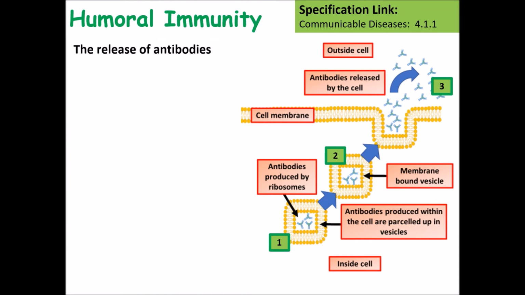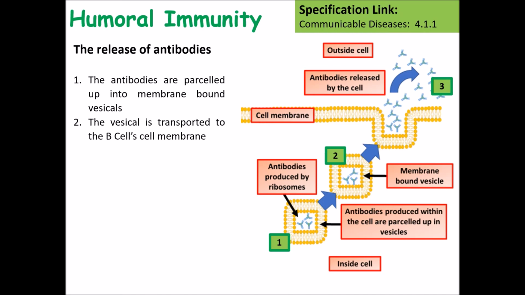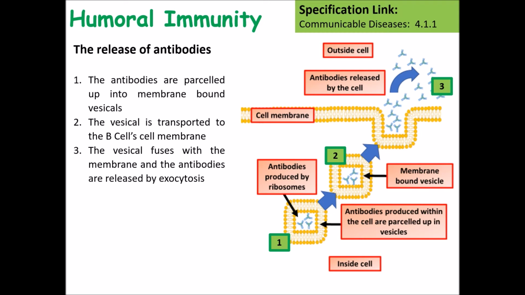If we look at the release of antibodies, the antibodies are now parcelled up into vesicles. The vesicle is transported to the surface of the B cell. The vesicle will fuse with the outer membrane and release the antibodies by the process of exocytosis.